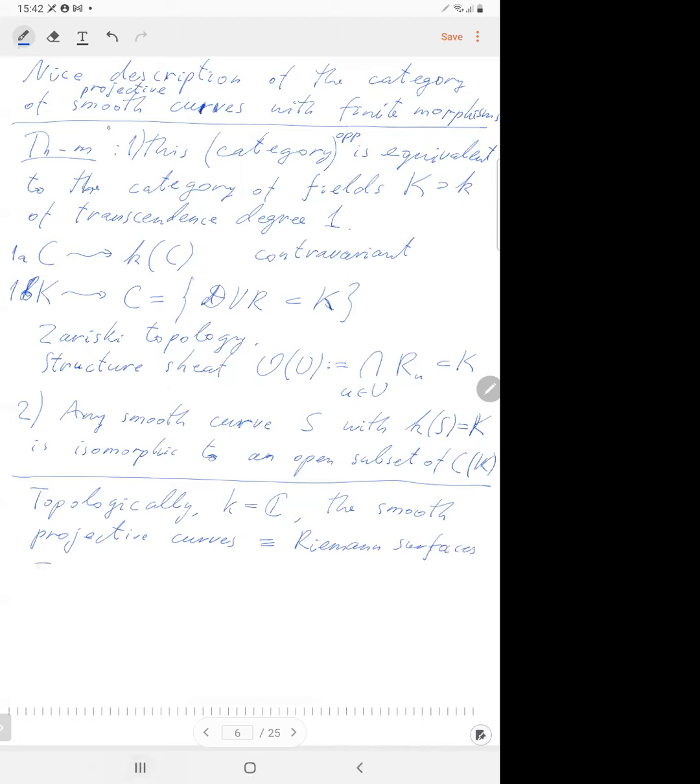And there are some ramified covers of the projective line, the Riemann sphere S². Well, so they are unramified covers of S² minus finitely many points.